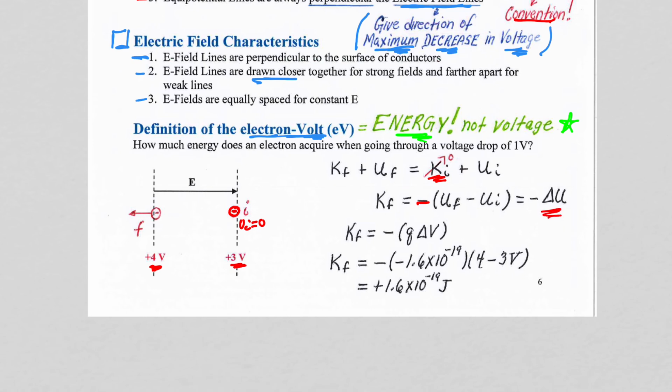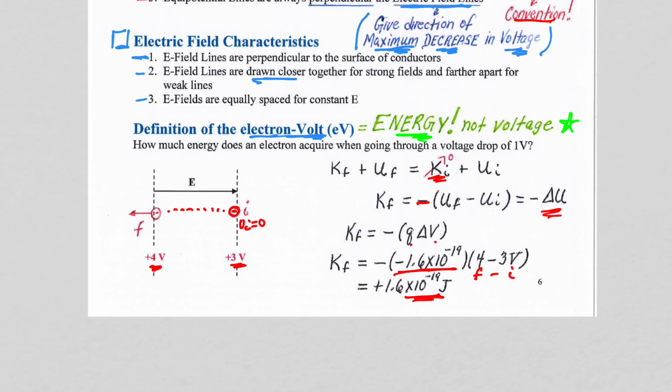Change in potential energy is Q delta V. The Q is the electron, negative 1.6 times 10 to the minus 19. Final minus initial, and voila, we get positive 1.6 times 10 to the minus 19 joules is the amount of kinetic energy that an electron acquires when it is accelerated through that 1 volt voltage drop.